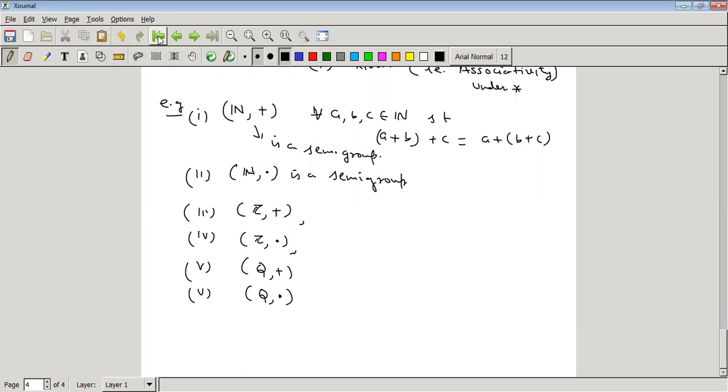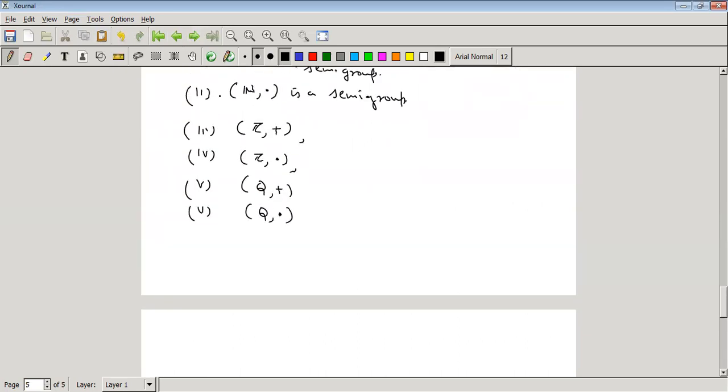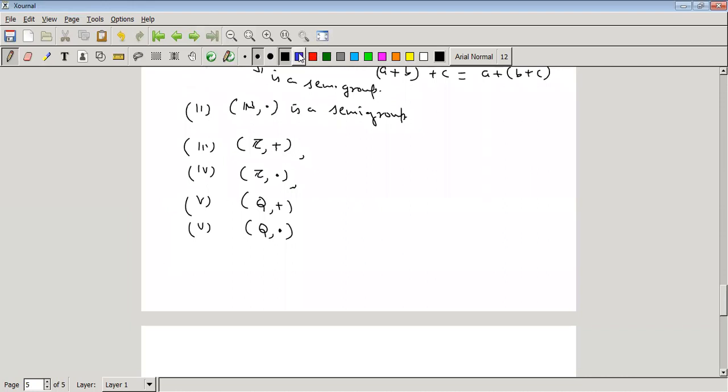Now the next definition is monoid. Let G be a non-empty set, and star be a binary operation from G cross G to G. It is given that this is a binary operation, so its closure property is satisfied.